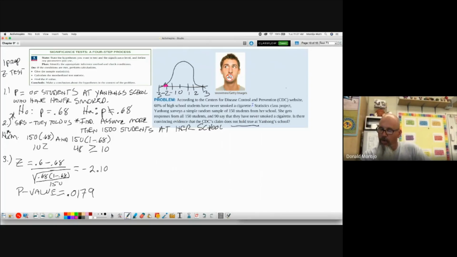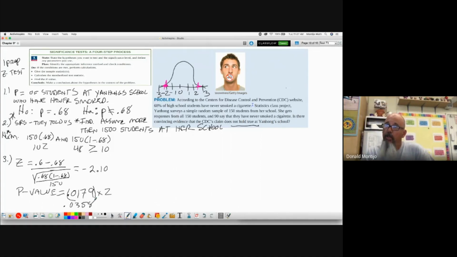That area is 0.0179. However, this is a two-sided alternative, so I need that area in both tails. So I have to take 0.0179 times 2 to get my actual p-value, which would be 0.0358. All right, so that's my p-value.